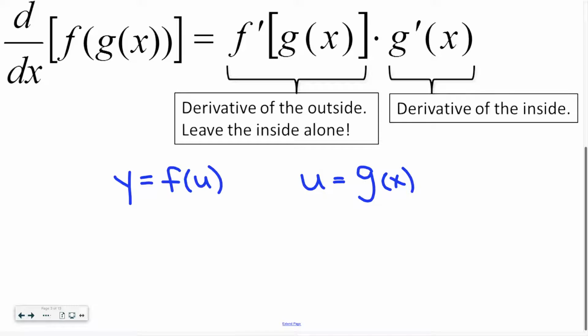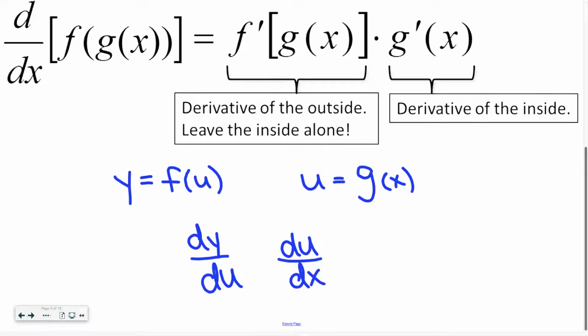Well, when we take this derivative, we would say the derivative of y with respect to u, dy du.